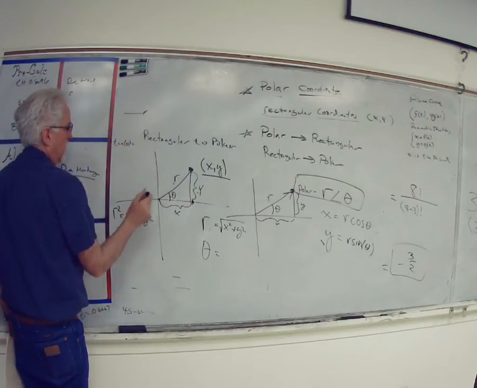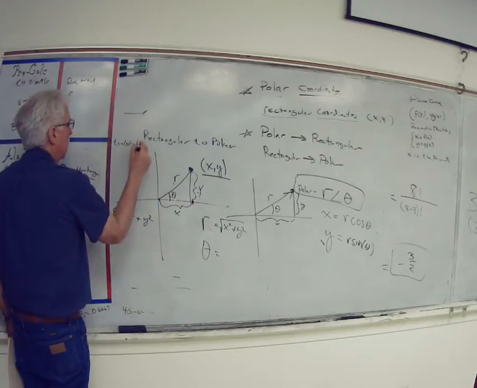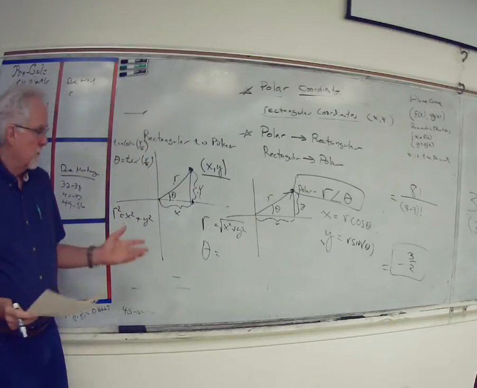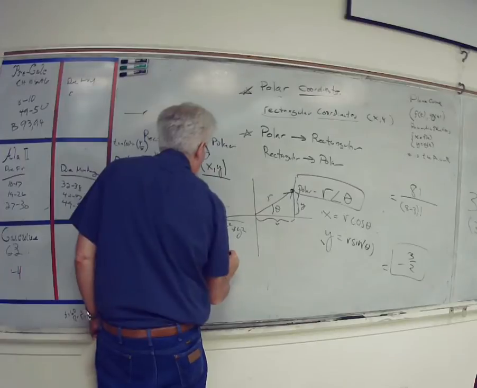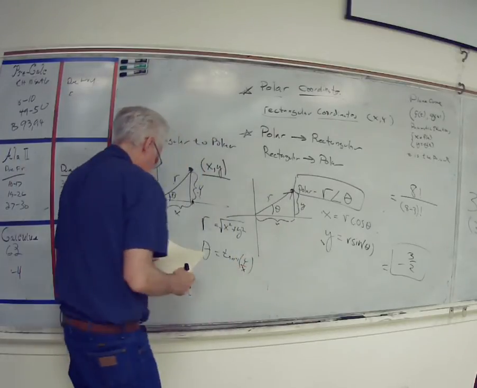Opposite over adjacent. And opposite is y, adjacent is x. So theta is equal to tan inverse of y over x. Right? Tan inverse of y over x.